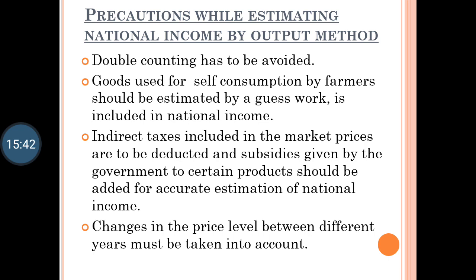So these indirect taxes imposed on this commodity have to be deducted. So we take into consideration only the production and we do not add any taxes into that. And subsidies, meaning whatever benefits are given by the government, have to be added.